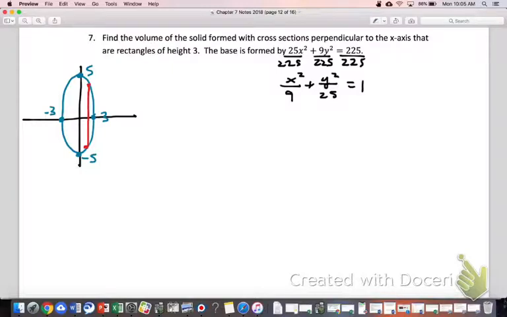So if we did our standard perspective view, the ellipse is going to look something like this. And so then the square cross sections, or rectangular, sorry, would look like that. Does that make more sense?